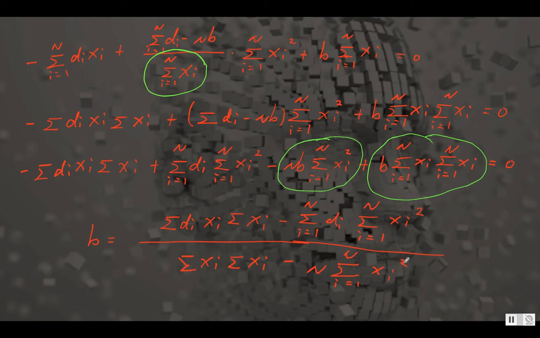So let's keep working on this. So here b equal to summation di xi and summation xi, and then minus the di xi square, and over here is n.